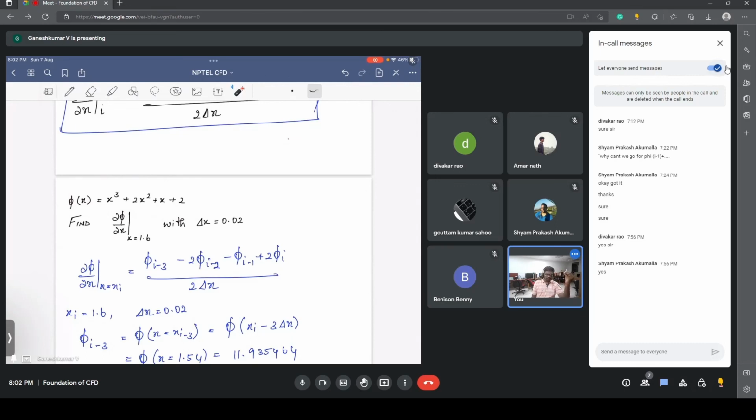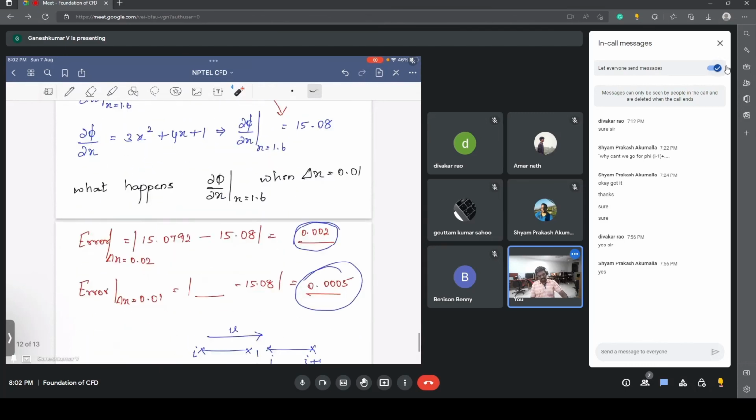Yes, there is a function only. Polynomial or trigonometric or whatever, we don't know that in a problem. So at that time, discretization schemes will help you.